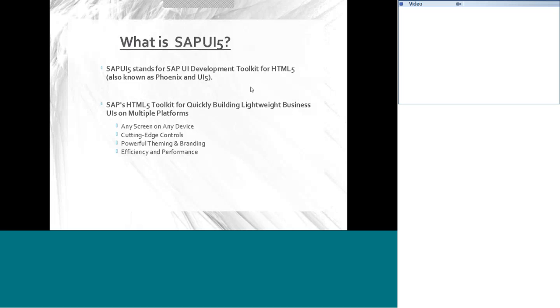So what exactly is SAP UI5? SAP UI5 is nothing but a framework, a library made up of HTML5 plus JavaScript plus CSS. SAP UI5 stands for SAP UI Development Toolkit for HTML5.